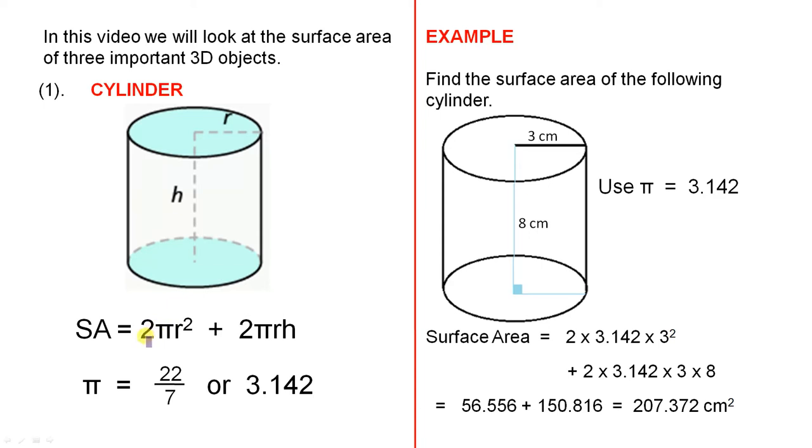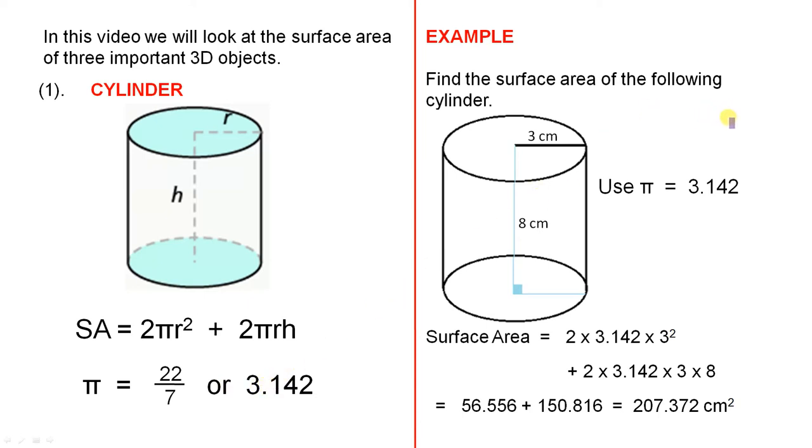That's why we have 2. And 2 pi r h, which is the circumference times the height, which is the surface area of the curved section. So when we add those two together, that gives us the surface area of the cylinder. And we'll be told to use pi as either this value or this one for the purposes of calculation.